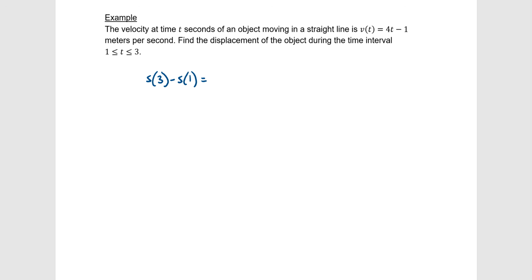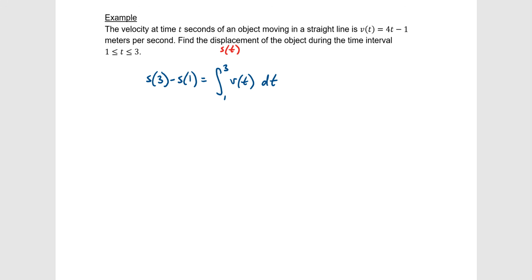For position, displacement in this case, we use the variable s. So we want the displacement s of 3 minus s of 1, or rather how far away they are when time equals 3 compared to when time was 1. Okay, so this is going to equal the integral from 1 to 3 of the velocity function, v of t.